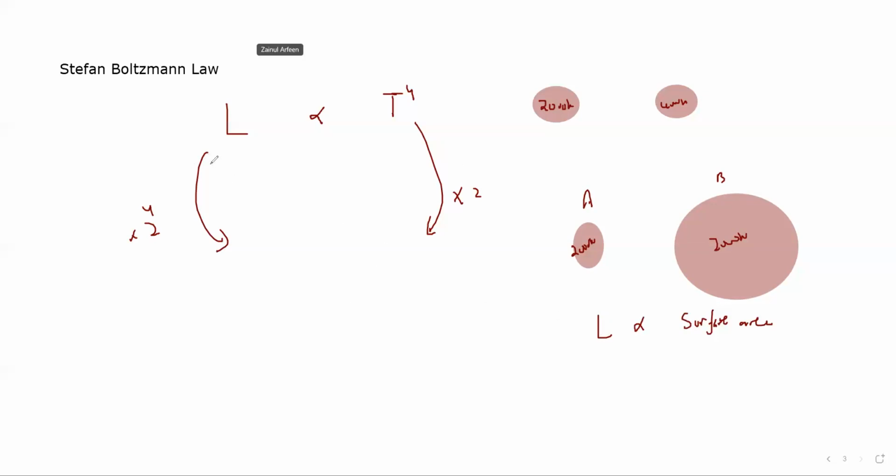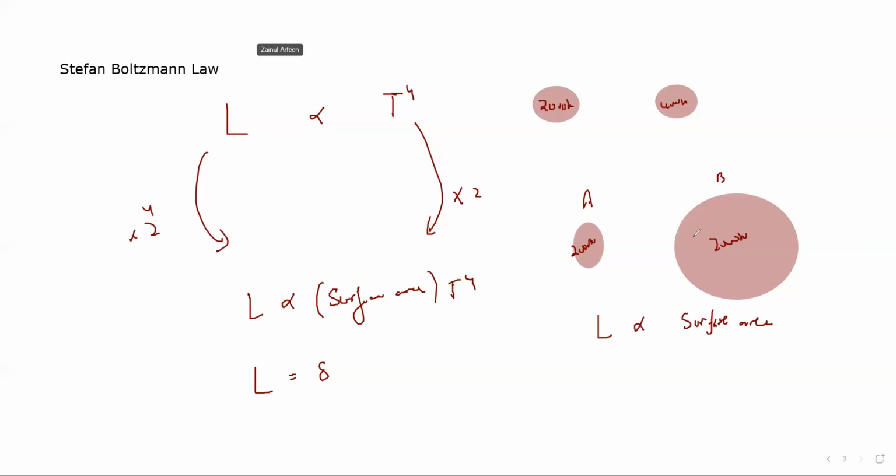So when we combine these two relations, we can say luminosity is proportional to surface area and temperature to the power 4. But when we replace the proportionality sign, we should replace it with equals and a constant. So L equals sigma, the Stefan-Boltzmann constant, times the surface area.